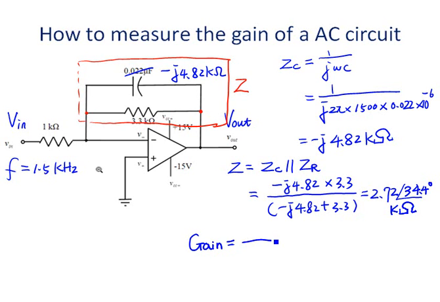The gain of the circuit in the phasor domain is output voltage over input voltage. For the inverting amplifier, that should be negative Z over the input impedance, 1 kilo.